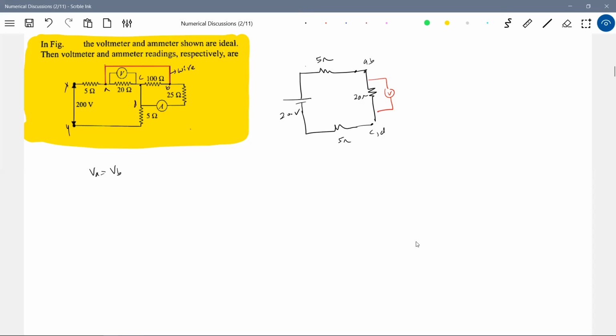After this, between C and B, a 100 ohm resistor is there. Between B and D, 25 ohm, and then the ammeter.